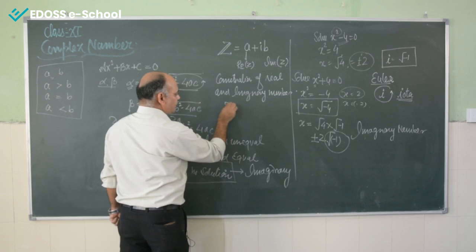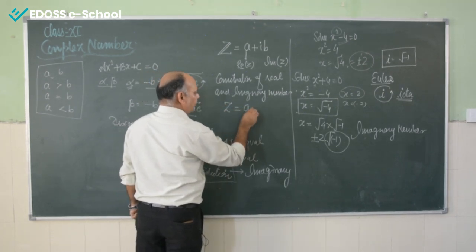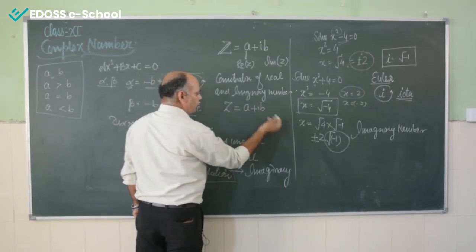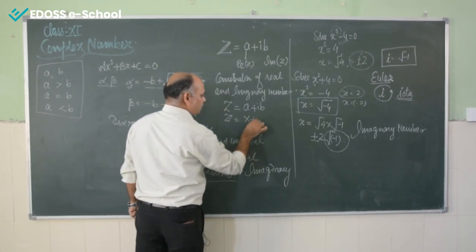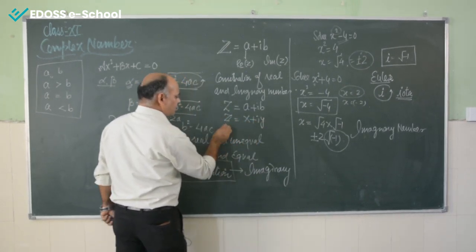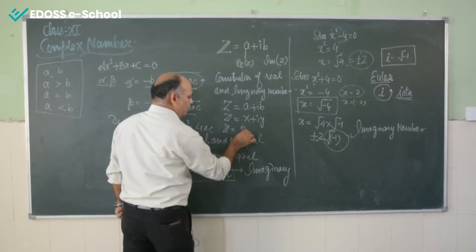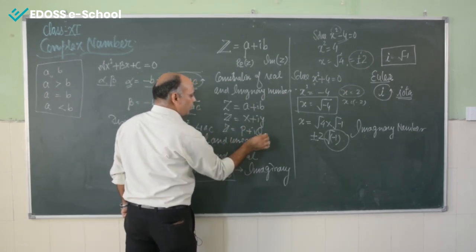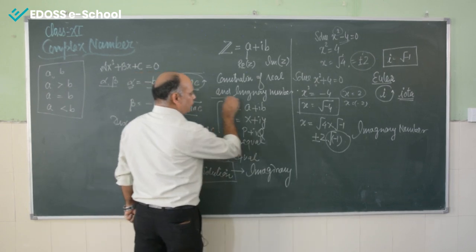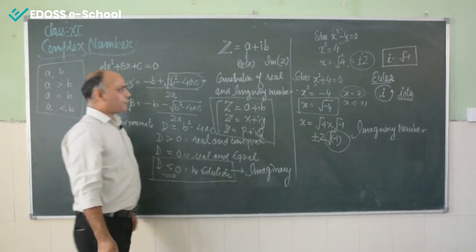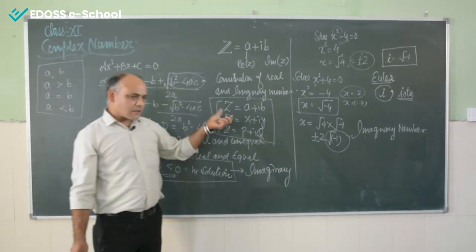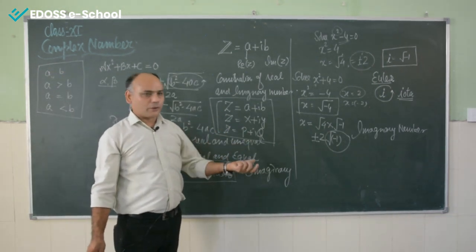That means Z equals A plus iota B, or you can also say Z equals X plus iota Y, or you can say Z equals P plus iota Q. This is the form of a complex number. This is how you write any complex number.